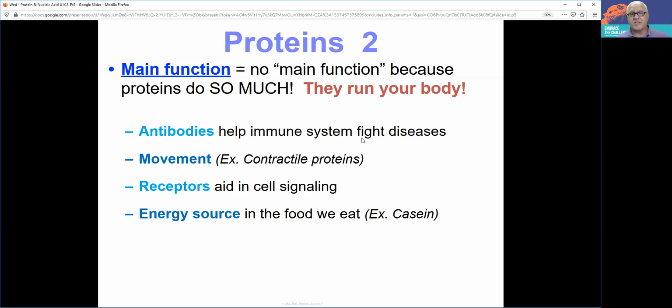Now, besides being the proteins in our body that help us function, proteins are also an energy source in the food that we eat. So it's really important that you get this distinction here, is that our body is all run by proteins, but we also need to eat proteins for a food source.